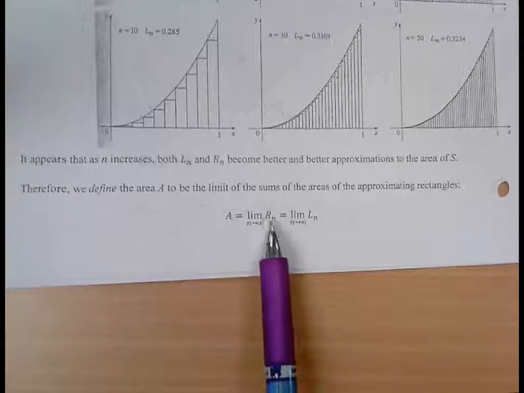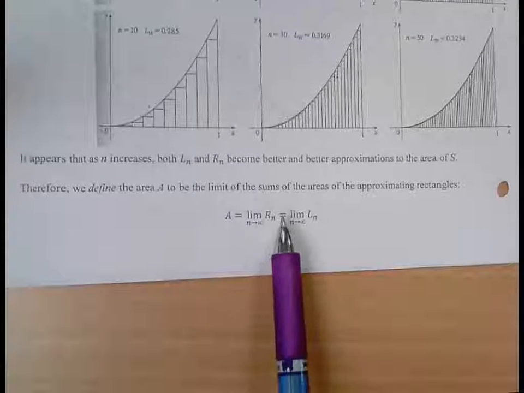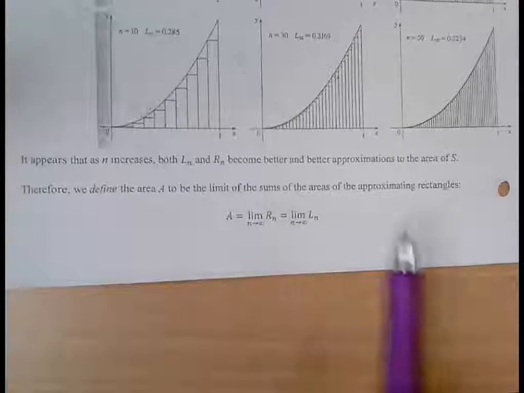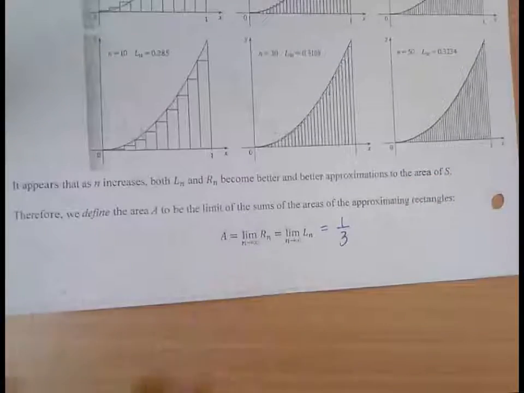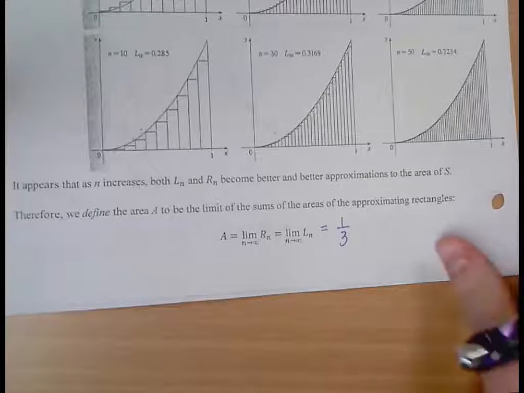So area would be the limit as n approaches infinity of the right or the left endpoints, which in this example we're approximating to be about 1/3. Now, will you actually have to take limits in this section? No. But you have to understand that what we are learning is a limit. It is a limiting value that we're finding.